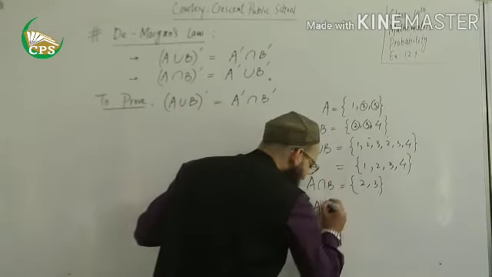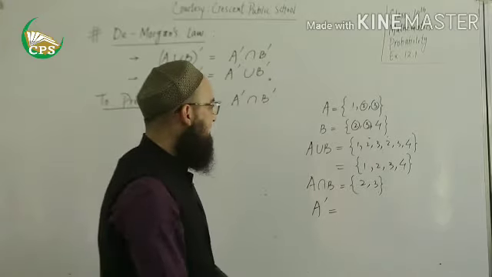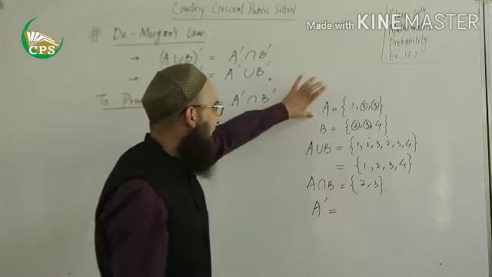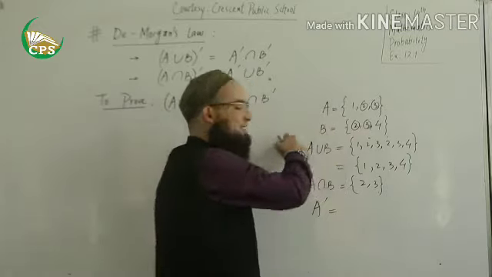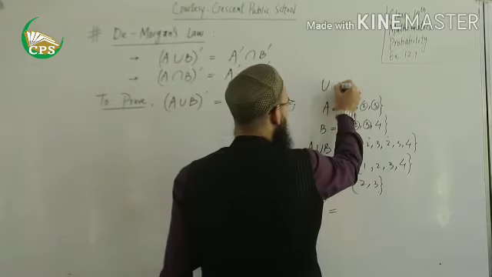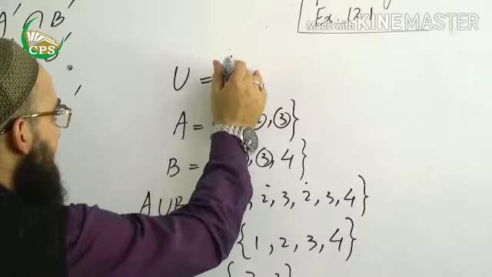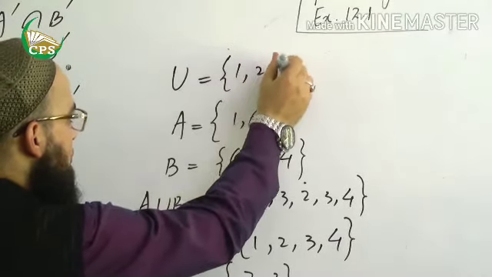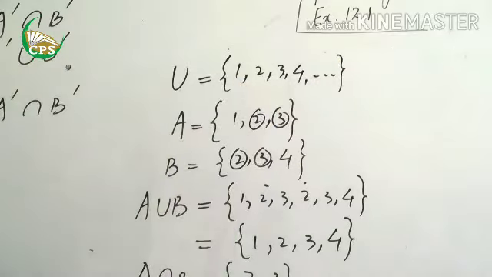Then I have one more thing, that is A complement. A complement means those elements which are not present in A but present in the universal set, because for every set we have some universal set. Let us say here our universal set is, let us say, natural numbers 1, 2, 3, 4, and so on and so forth. All the natural numbers are the universal set.